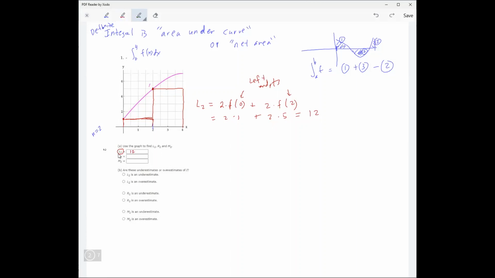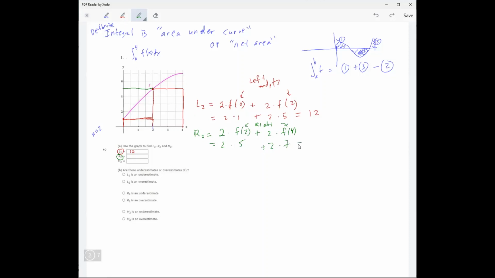Now we use the right endpoint. For the first interval, we would choose the right endpoint instead. So the length is still 2, but you're going to choose f of 2 instead of f of 0. Then you choose the right endpoint here, which is f of 4. These are right endpoints. f of 2 is 5, and f of 4 is 7.